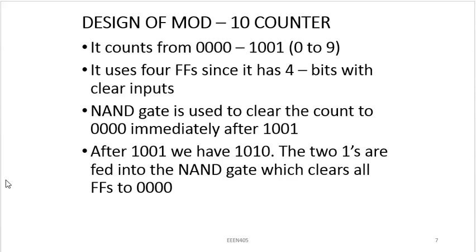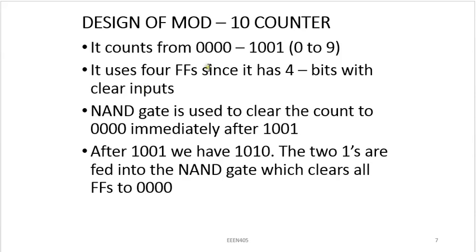Now let us assume that we are asked to design a modulo 10 counter. As we have shown, it will count from 0, 0, 0, 0 and terminate at 1, 0, 0, 1, which is 10 different states. And as I've said, it has 4 bits, therefore I'm going to use 4 flip-flops. But each flip-flop must have a clear input, a clear terminal.